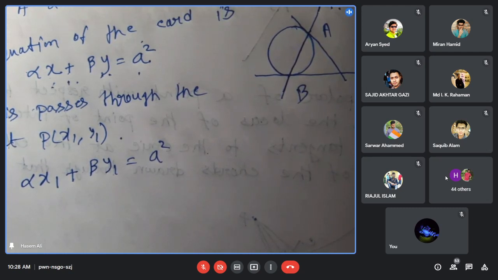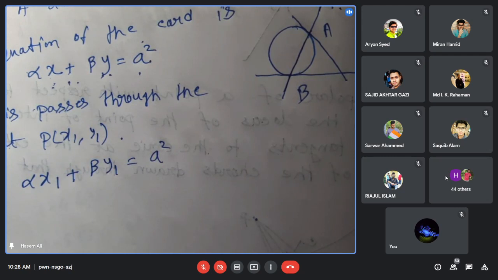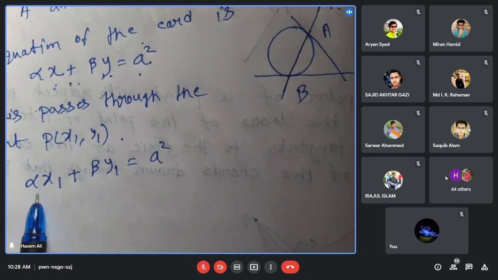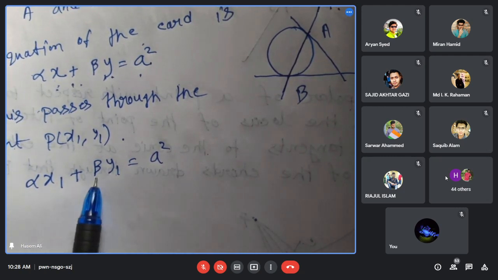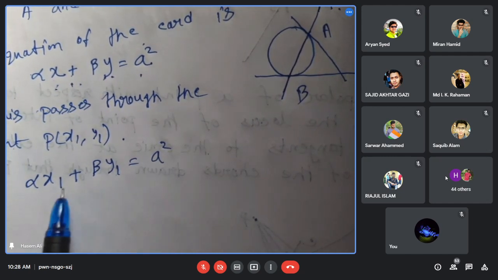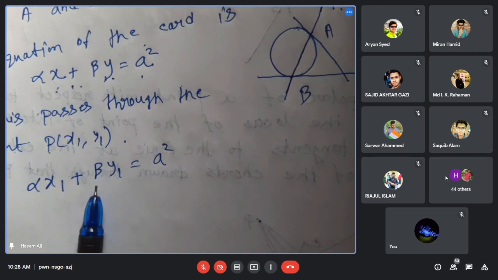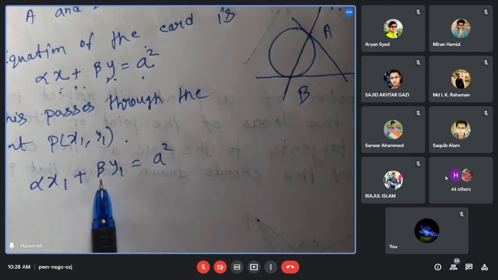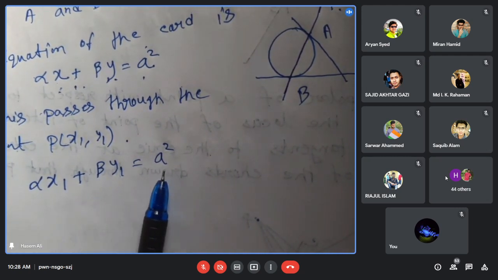So we get a result including the variables alpha beta, where x1, y1, a are all fixed.